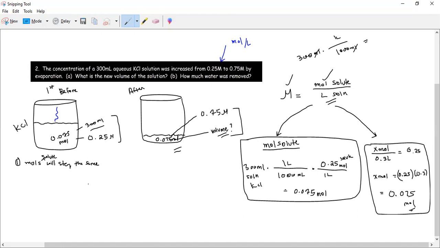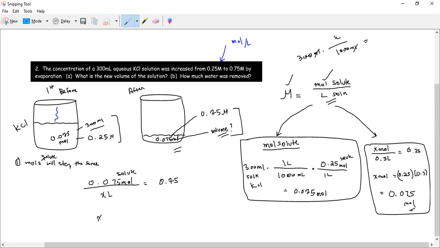So we know that it's 0.075 in terms of its moles of solute. And of course, our liter solution is what we're solving for, X liters. And of course, we have our molarity as well, which is 0.75.